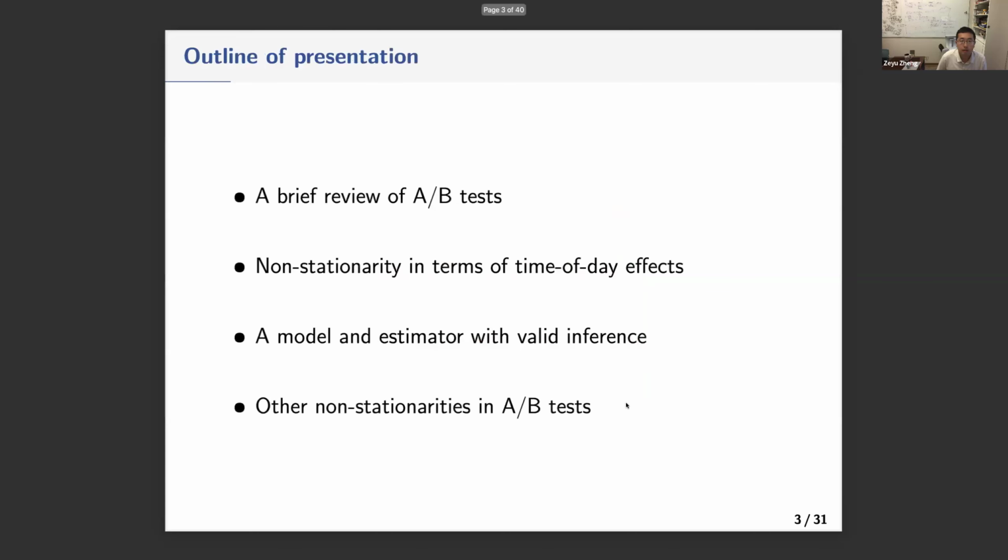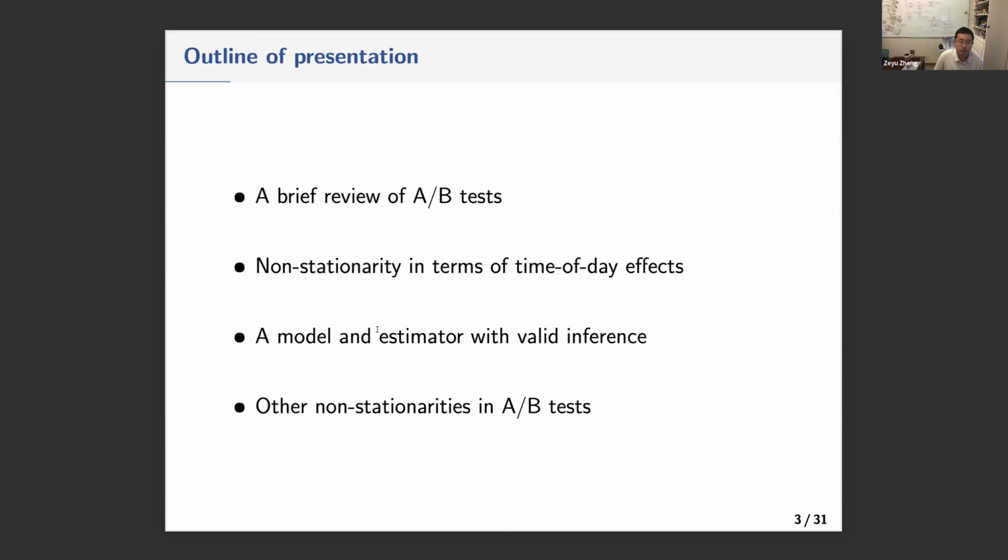Okay. And here is a brief outline of my plan for today's presentation. I'll start with a brief review of A/B tests. I know many of the audience are very knowledgeable about that, but for completeness and more for the notation, I like to use this brief review to set up the notation for the discussions. And then I will discuss the major part of today's presentation, the non-stationarity in terms of the time of day and diff-wake effects.